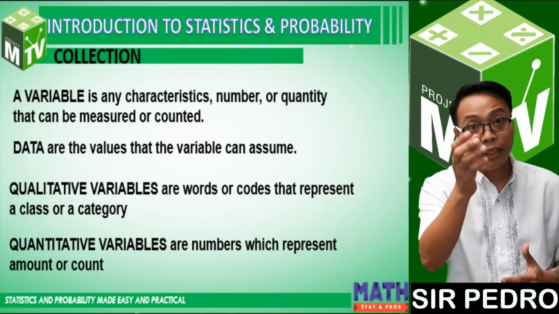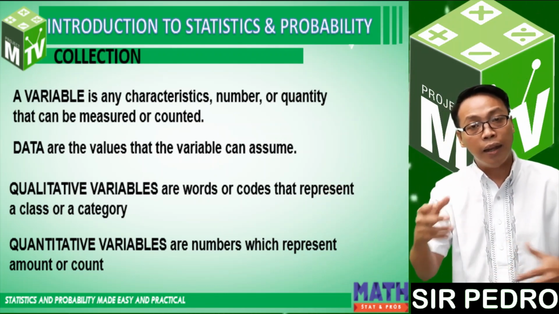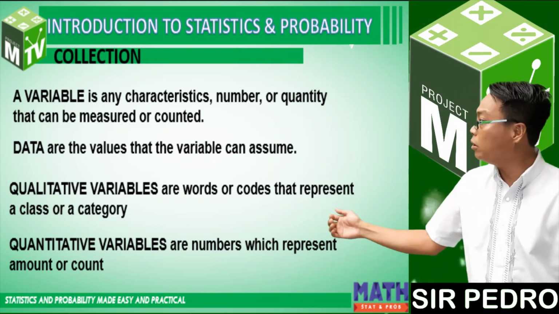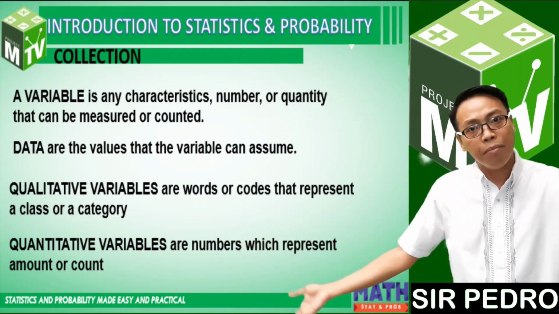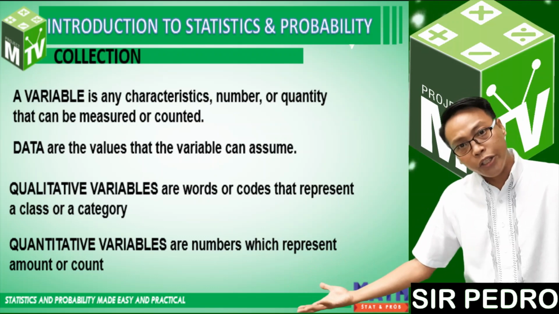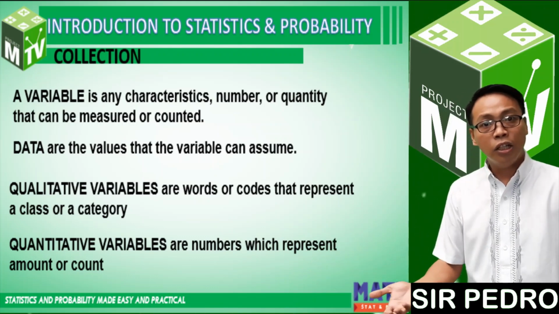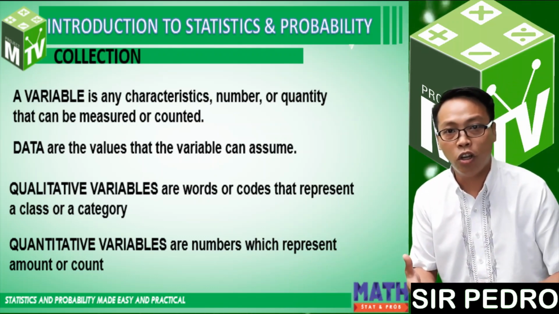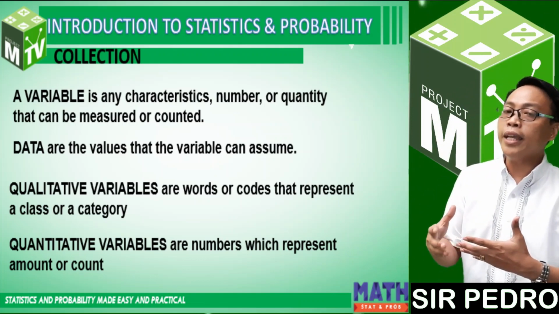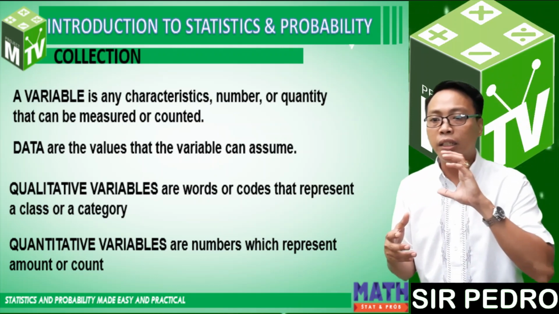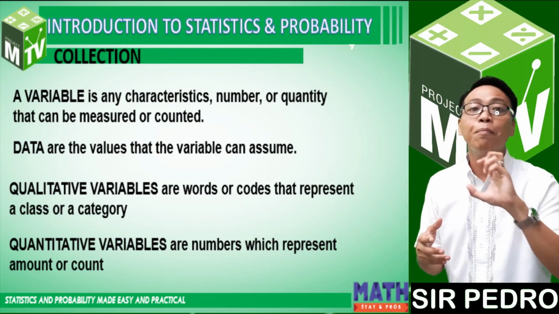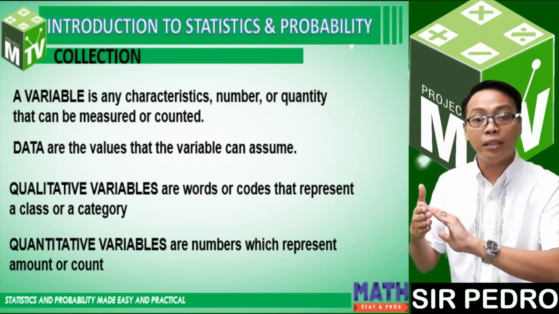Unit of measurement is inches, meter. Land area. Unit of measurement, kilometers, square kilometer. What more? Volume, milliliter. So if you talk of things or data which are numbers that represent amount or count, that is quantitative.